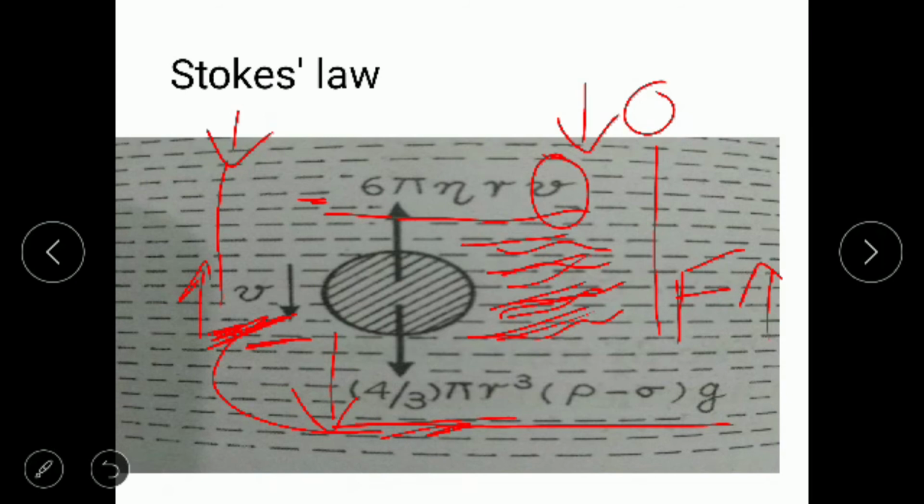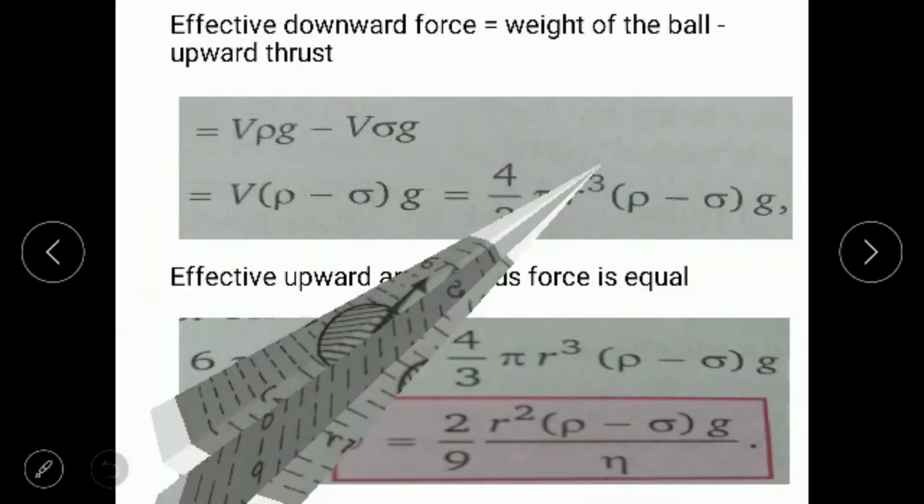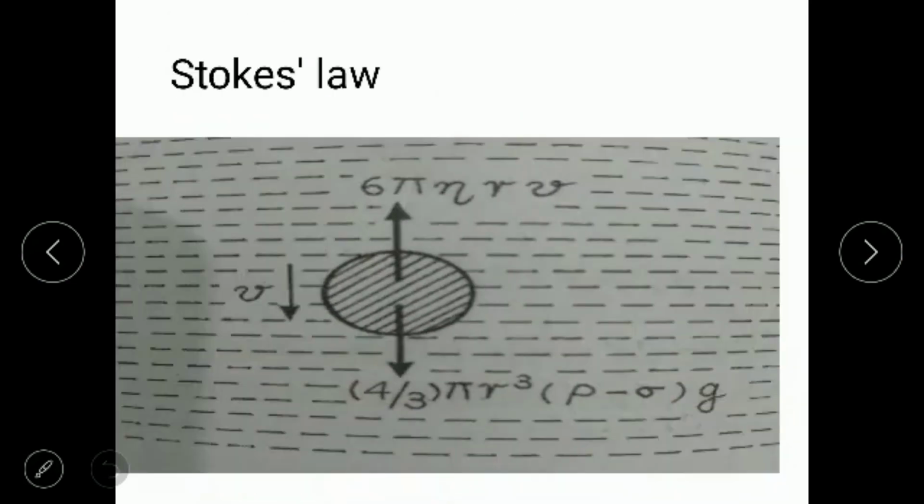Now what Stokes did was, he showed that if a small sphere of radius r is moving with a terminal velocity v through a perfectly homogeneous medium of infinite extension, that means this liquid over here is a homogeneous medium, not a mixture. Homogeneous means a single liquid, not a mixture.